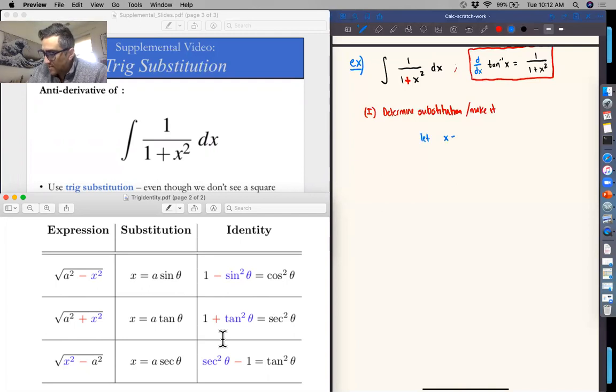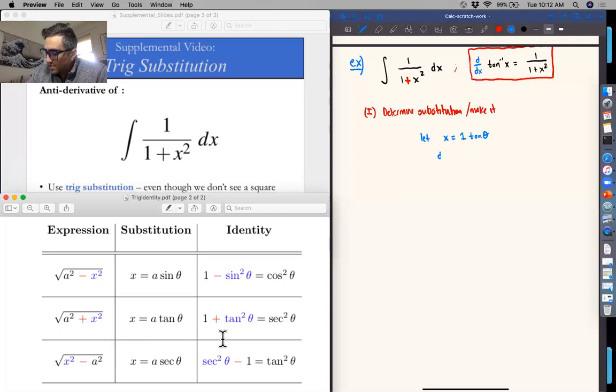In this case, the only constant we have there is a 1. So our constant a in this case would be a 1, and our substitution then is x equals tangent theta. That 1 there is just to show that we could have had a constant, but in this case, it's just 1.